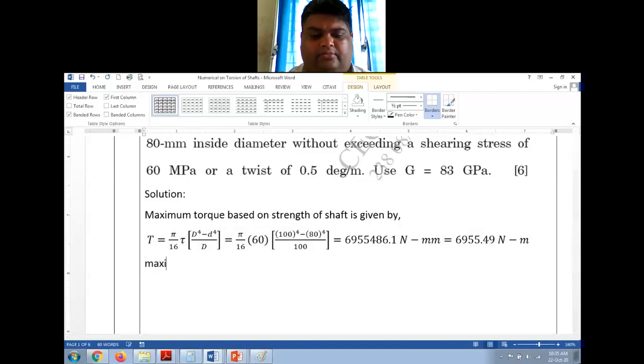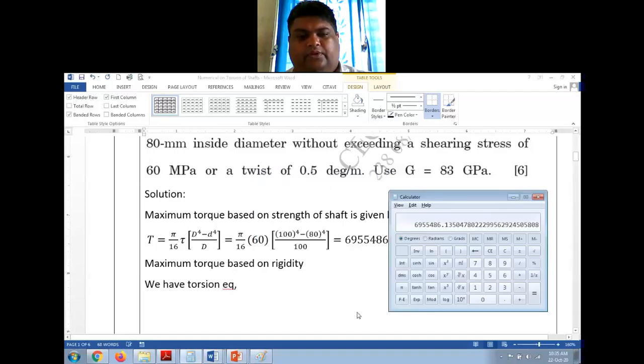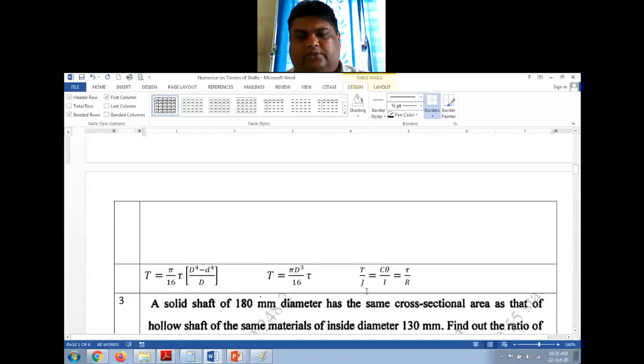Now maximum torque based on rigidity. We have torsion equation. Now what is our torsion equation?